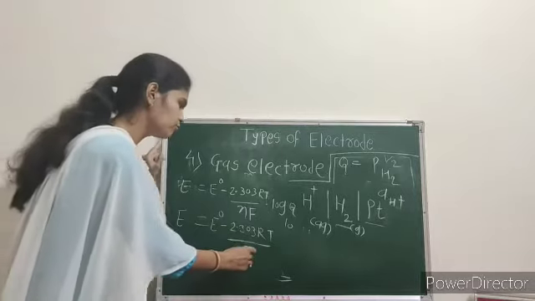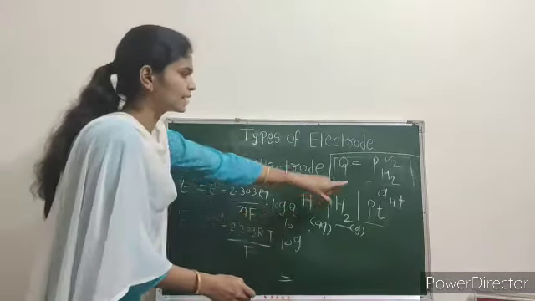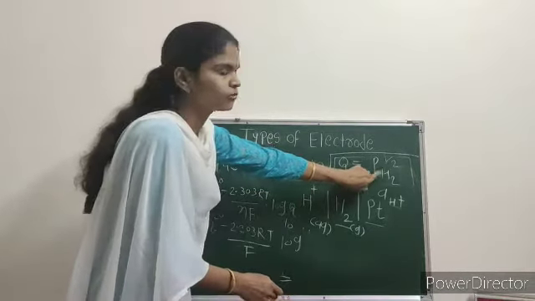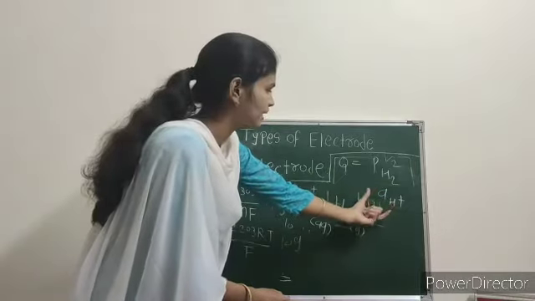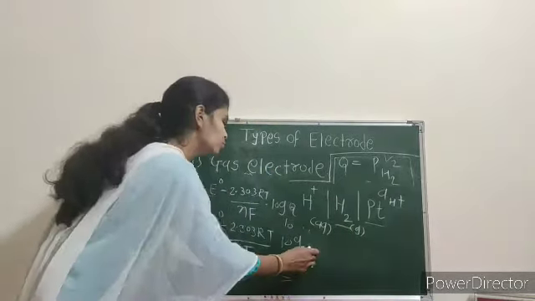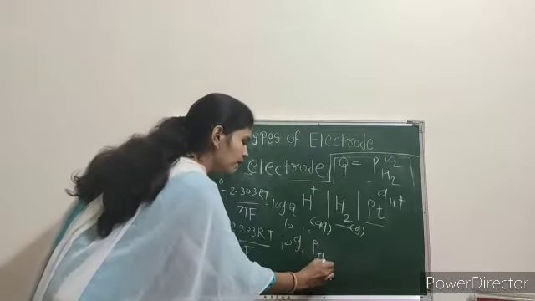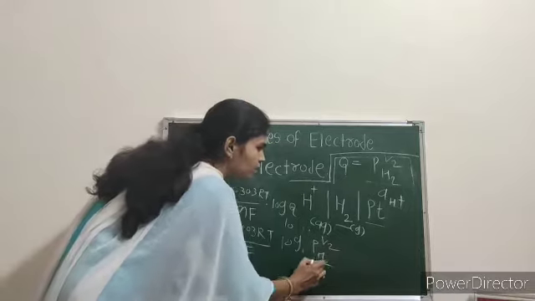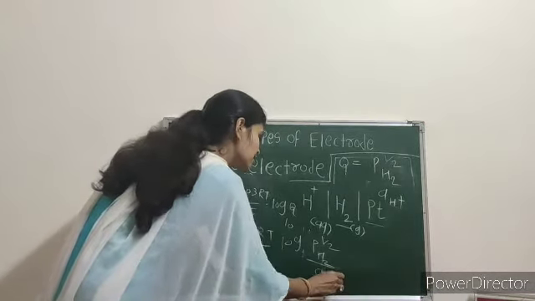2.303 RT upon F into log of Q, where Q is the pressure of H2 gas raised to the power 1/2 divided by the activity or concentration of H plus ions.